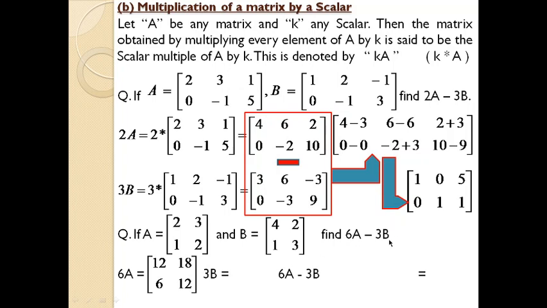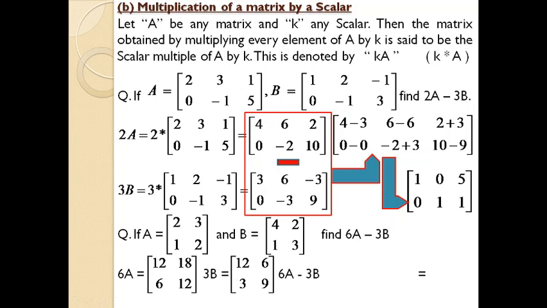Similarly, you have to find the other case 3B, that is you have to multiply the 3 with each element of matrix B. So you will get 3 into 4, 12, 3 into 2, 6, 3 into 1, 3 and 3 into 3, 9. So now you have two matrices, that is matrix 6A and 3B, by using the multiplication of a matrix by a scalar.